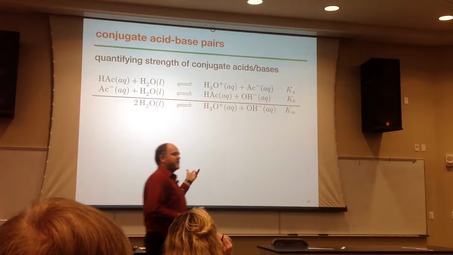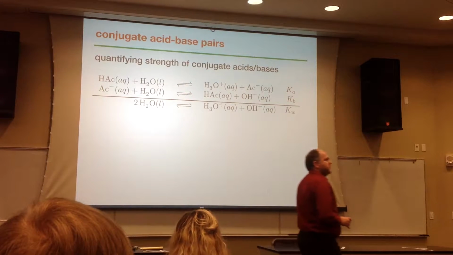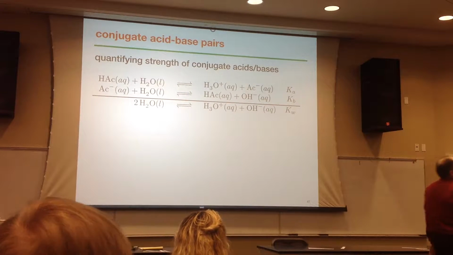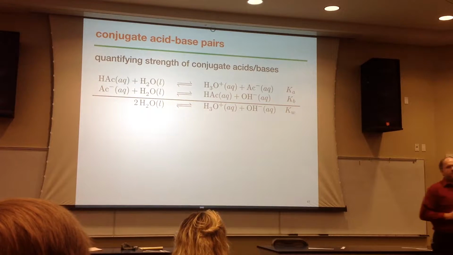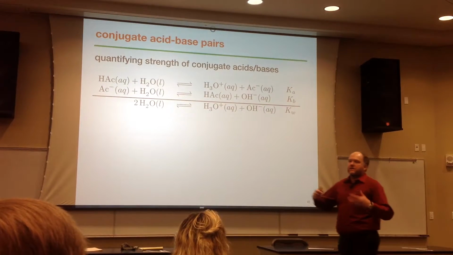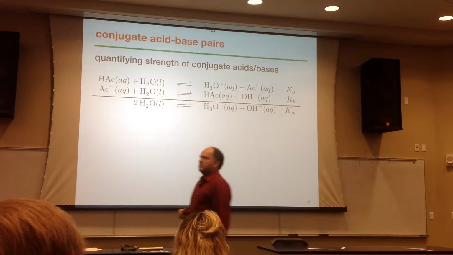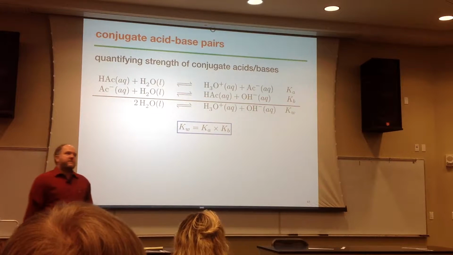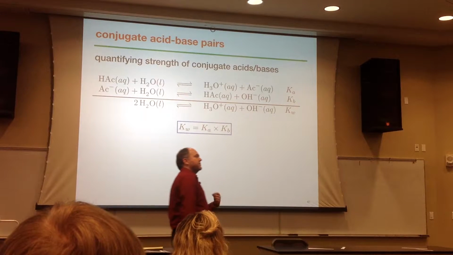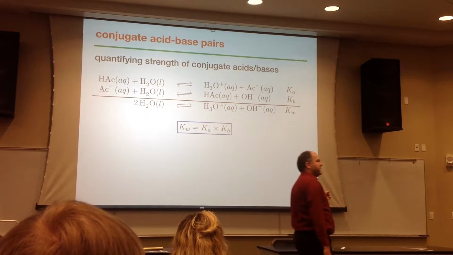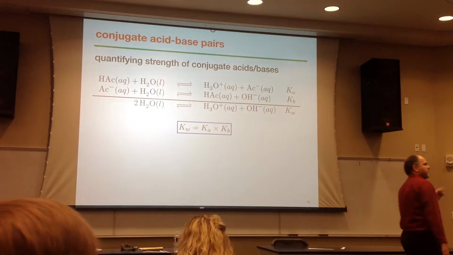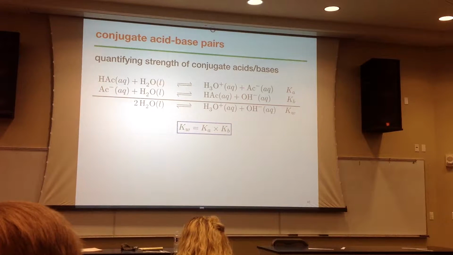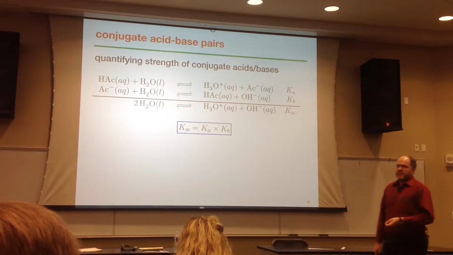Well, we would expect that the product of two big Ks is equal to, we multiply the two big Ks together, we get the overall K for the reaction. Right, that is nothing more than equilibrium constant algebra. All right, so Kw tells us the relationship between the strength of the weak acid and its conjugate base, or the weak base and its conjugate acid. Kw is equal to Ka times Kb.